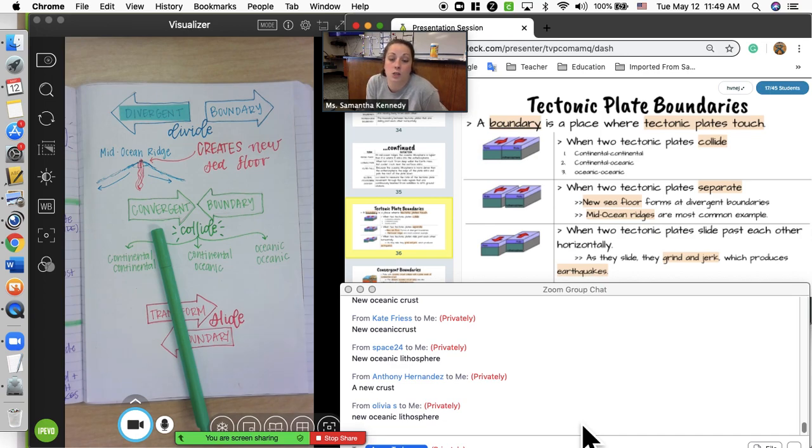Something that is very noticeable on the Earth's surface. Couple different types of these. Very good, Dakota, Faith. You guys gave me specific examples. What is going to be created at a convergent boundary?